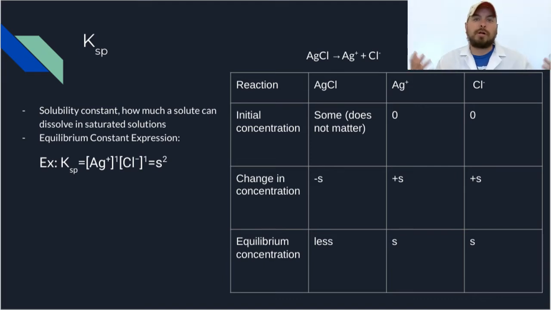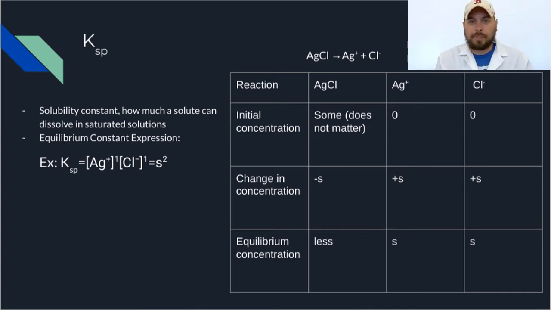Some of it's going to dissolve. How much? We're going to use S as a stand-in for X as our change here in solubility, because S represents molar solubility. So when we increase the value of our ions by S or 2S, S is the molar solubility, and 2S would be the molar solubility times 2.